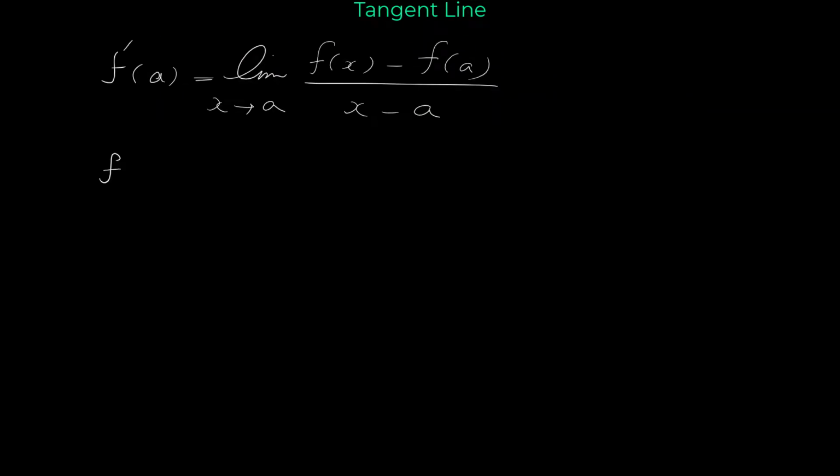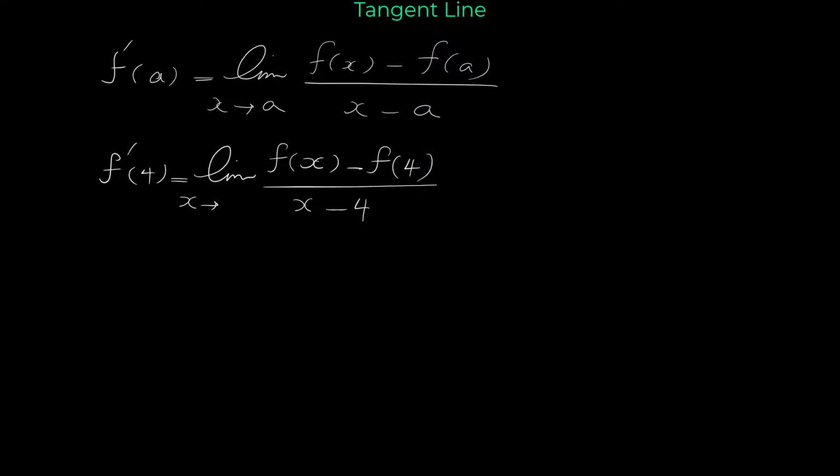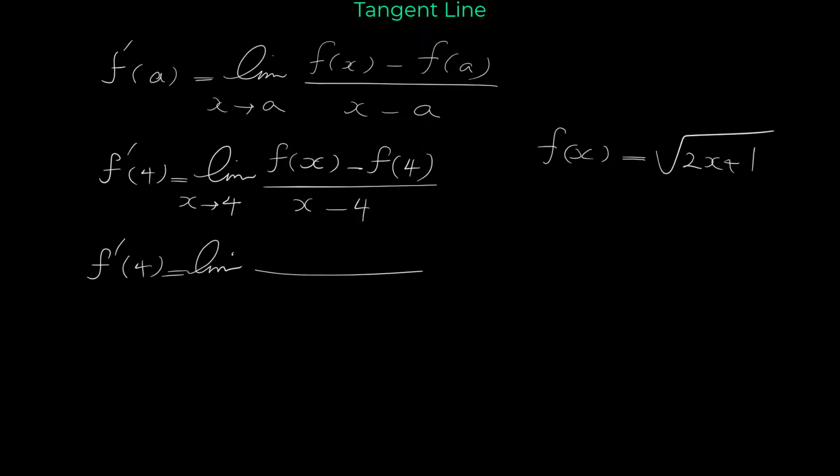So we want to find f prime of 4, which would be the limit of f of x minus f of 4 over x minus 4 as x approaches 4. And remember, the function was radical 2x plus 1. So f prime of 4 would be the limit of f of x, which is radical 2x plus 1, minus f of 4.